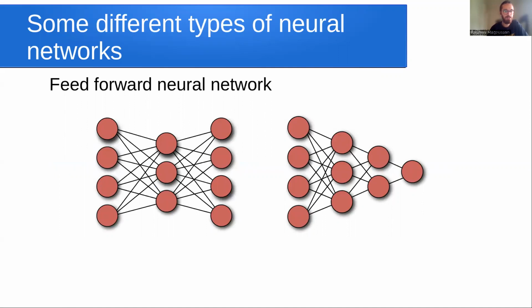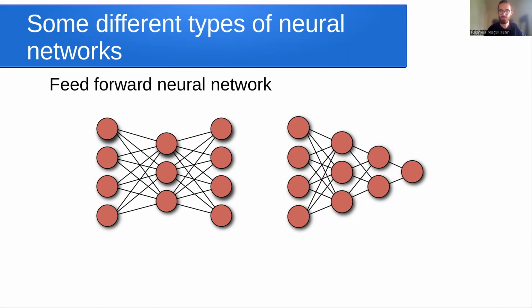Okay, we're getting closer to the end of this presentation, and I thought maybe we could finish by looking at different configurations of neural networks, so you at least have heard about them before we end the session.